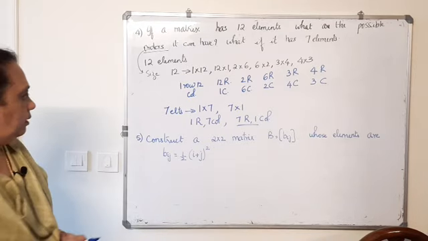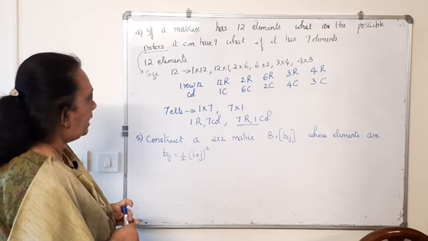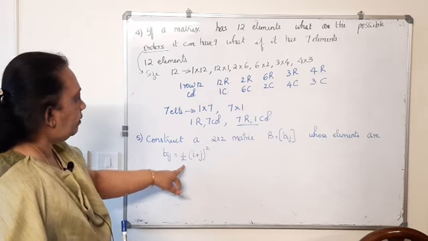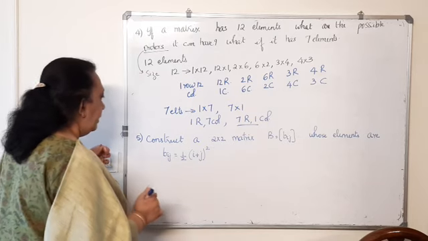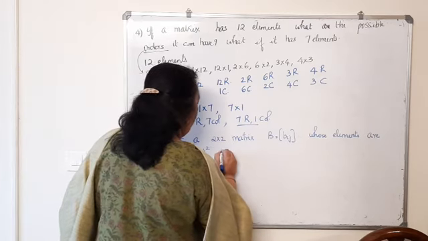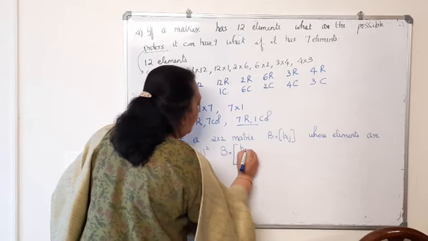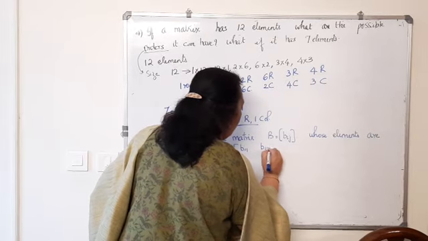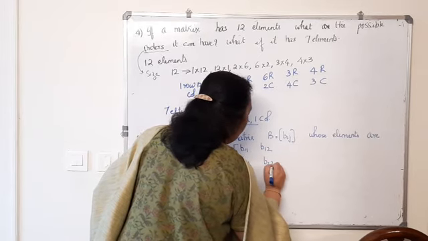Construct a 2 by 2 matrix B is equal to Bij whose elements are Bij is equal to half of (i plus j) the whole squared. So let us write B is equal to B11, B12, B21, B22.